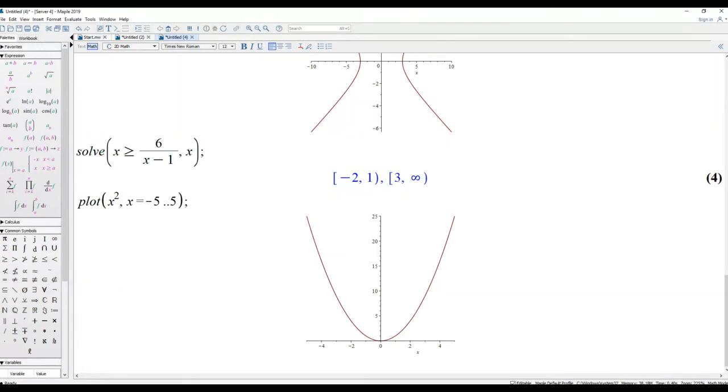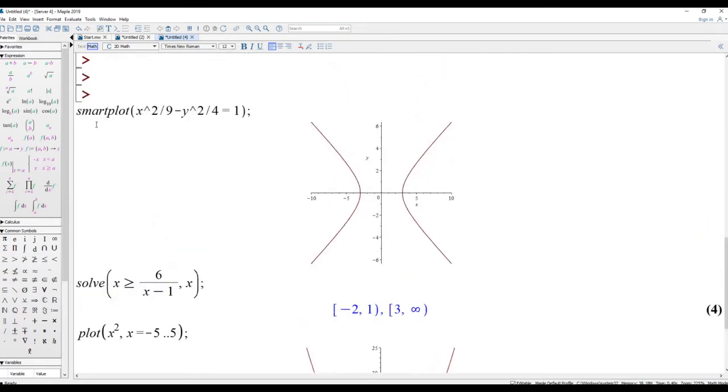And yeah, it's really great because you can quickly and easily see what a function looks like. Up here, I've used another command called smart plot, which is just a way of plotting relations rather than functions.